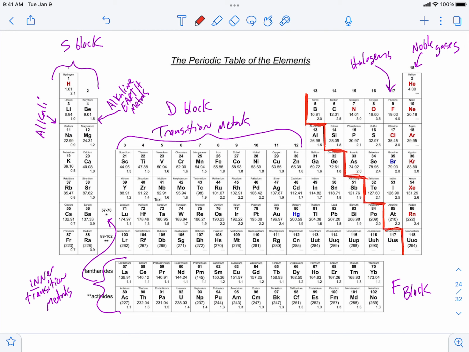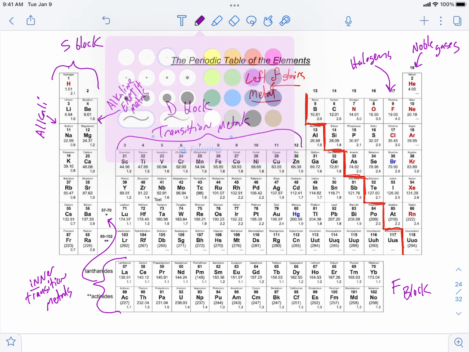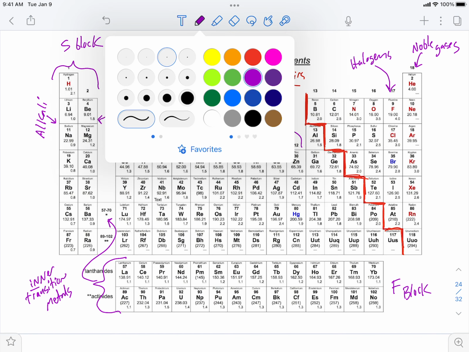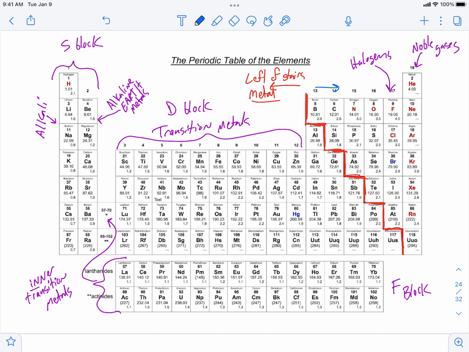Okay, so anything to the left of the stairs is considered a metal. Anything to the right is considered a non-metal.